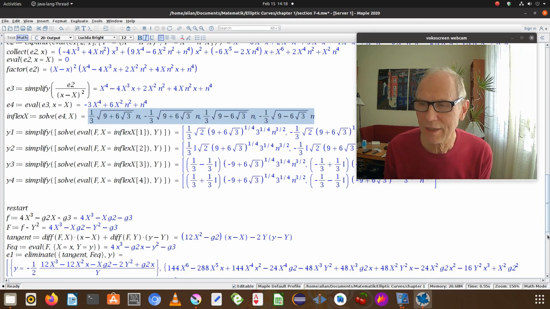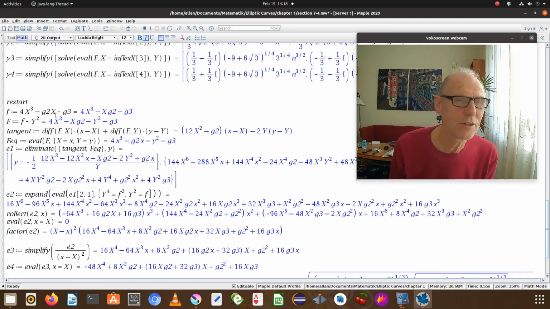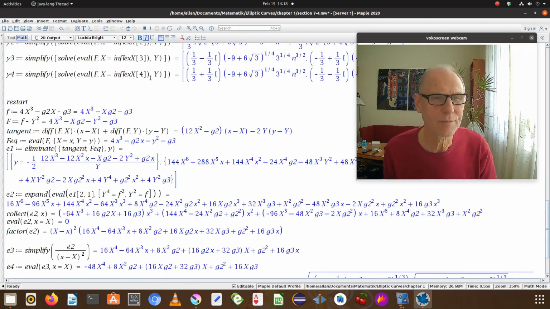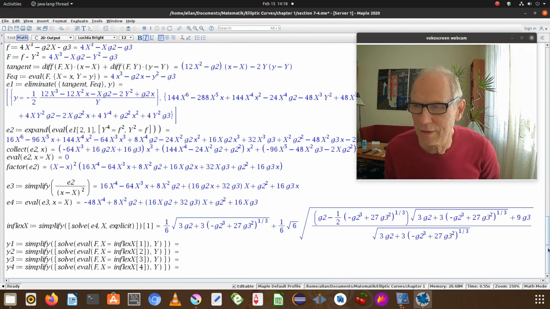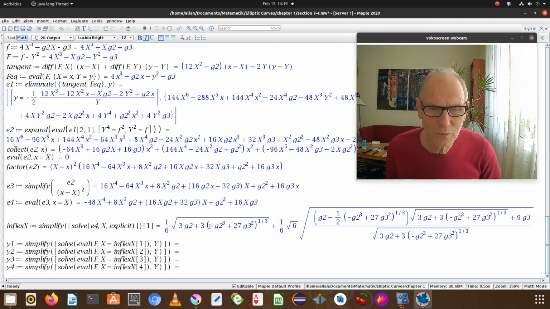Then I tried this with the Weierstrass P function. That became intractable. So one of the solutions is given by this, and we notice the discriminant occurring several times. But apart from that, it's not a simple expression.